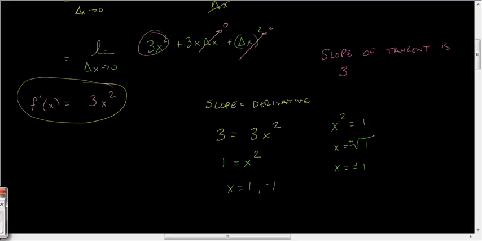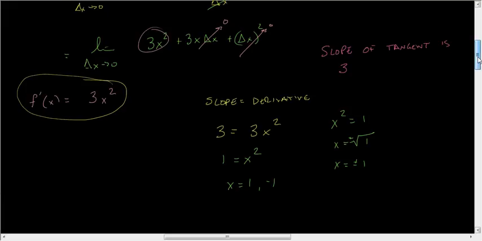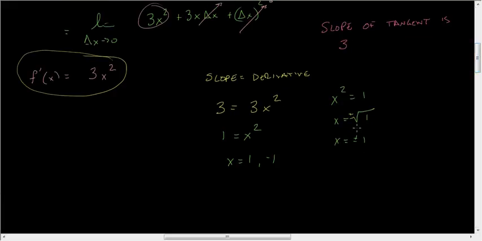So what this is telling us is that the slope of the tangent line is 3 at 2 points, when x is equal to 1 and negative 1. And so we have to find those 2 points. Now, we have x, but we need y also. We can't just take x. And so if x is equal to 1 and negative 1, what is y?